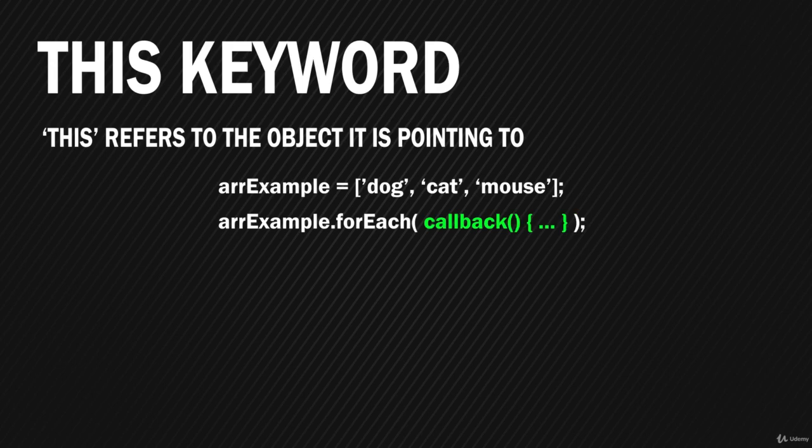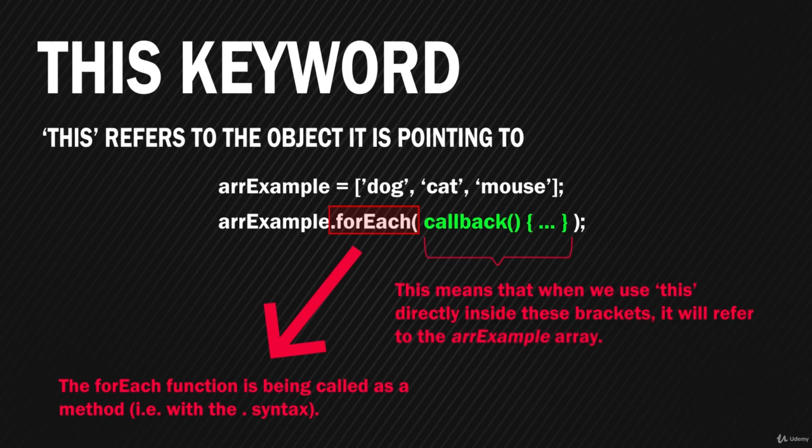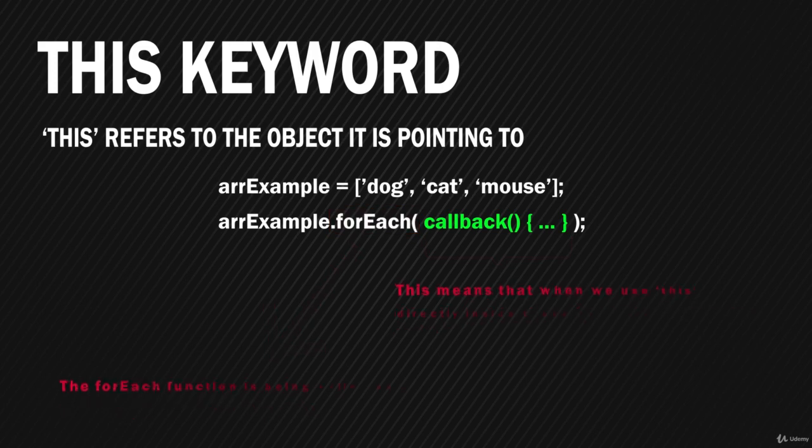And you'll notice when we go and execute that for each method, as I just said previously, that function is being called as a method. So we know this in this instance, a bit confusing, but we'll know that this will refer to the array in this instance. But when we get to our callback function, this is where things get very interesting.